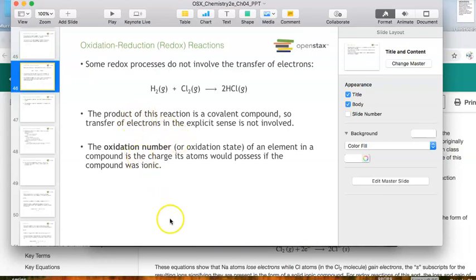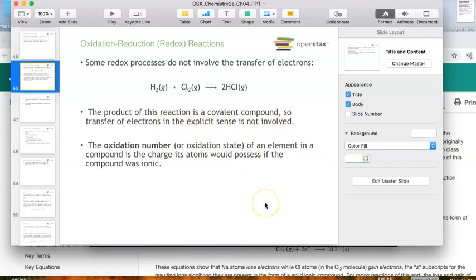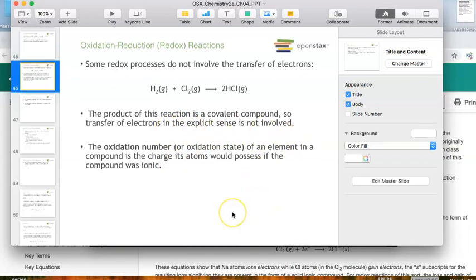Some redox processes do not involve the transfer of electrons. The product of this reaction is a covalent compound, so the transfer of electrons in the explicit sense is not involved. Here we have hydrogen gas and chlorine gas, with oxidation numbers of 0.